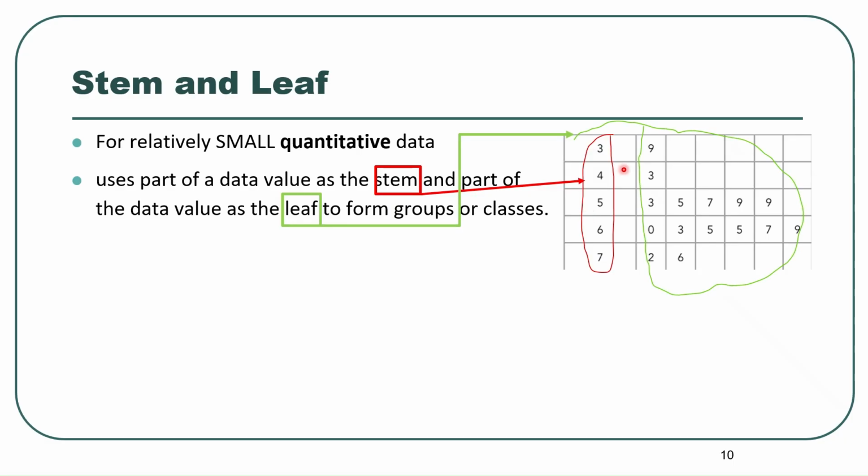Putting the stem beside the leaf means that the first observation here is 39, and here 43, and here 53, 55, 57, and we have 9 and 9 as leaves on the stem labeled 5, so 59 and 59. And for 6, I have 1, 2, 3, 4, 5, 6 leaves, so 6 numbers having the stem 6.